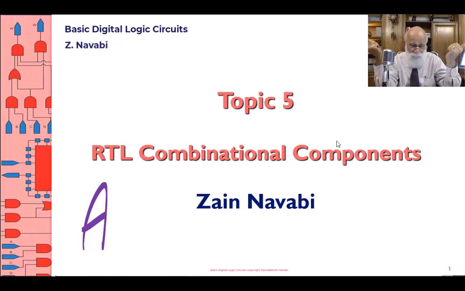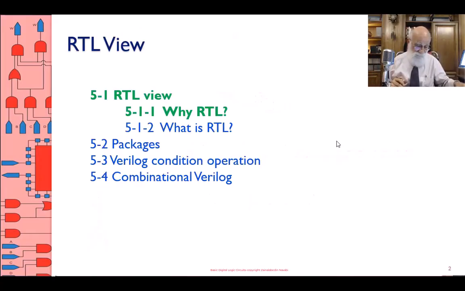But then what is beyond this is, can we live with the methods presented so far? Are these enough for large combinational circuits, for large digital systems? So I'm going to look at RTL, which is one level beyond gate level, and talk a little bit about the properties of RTL.